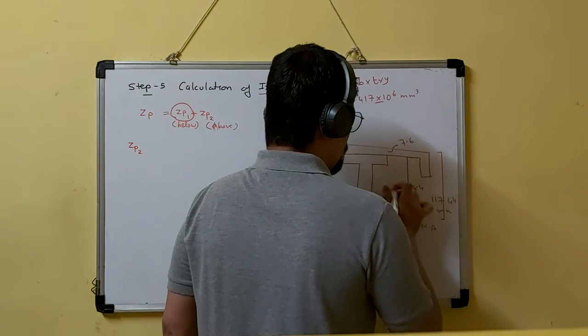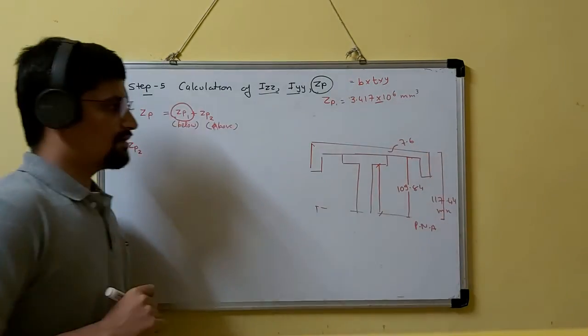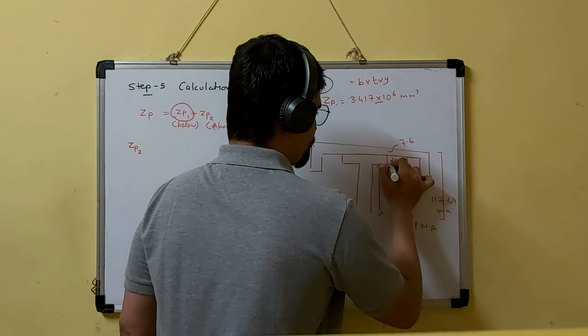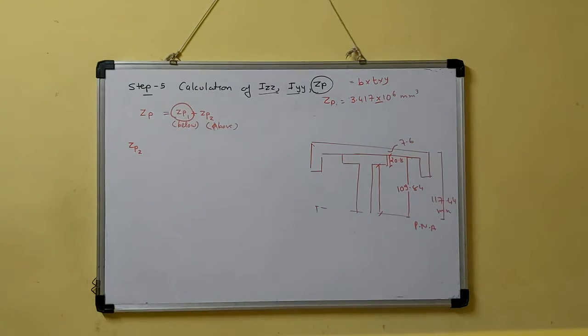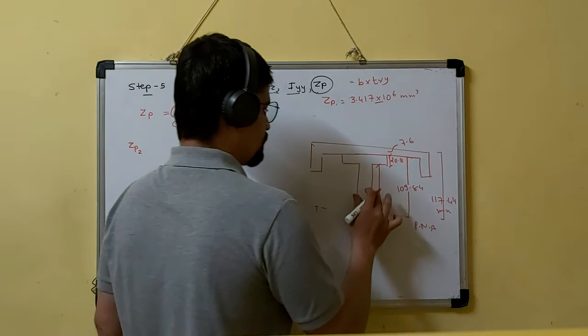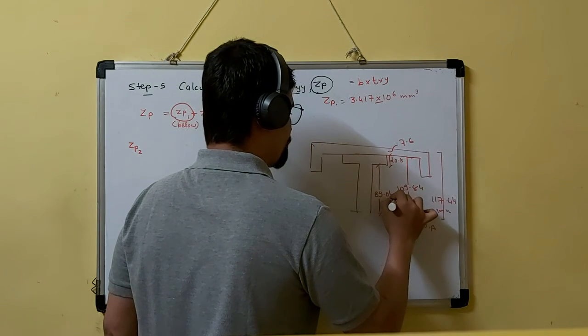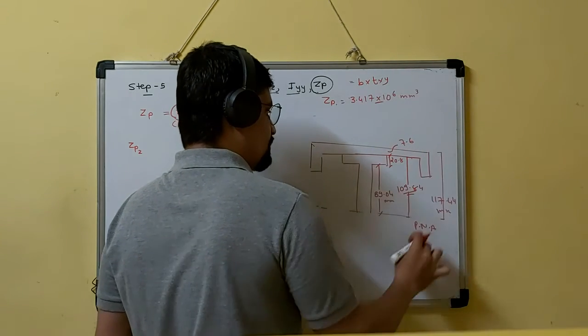Now from here, simply minus this 20.8, the distance from here to here being 20.8. So it is 89.04. So we get all the heights of the sections.